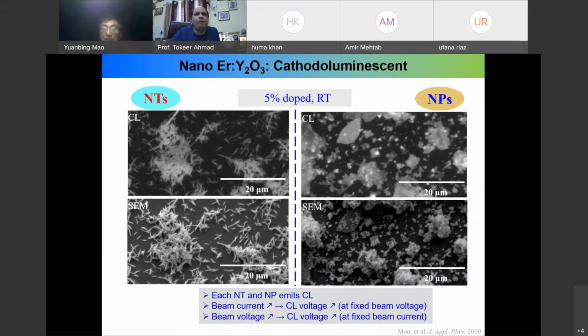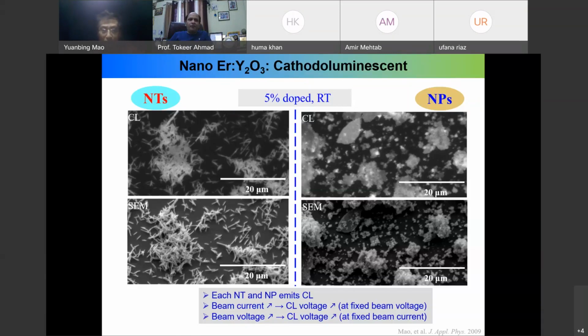But the most important thing I want to say is that each of these individual nanostructures shows cathodoluminescence.